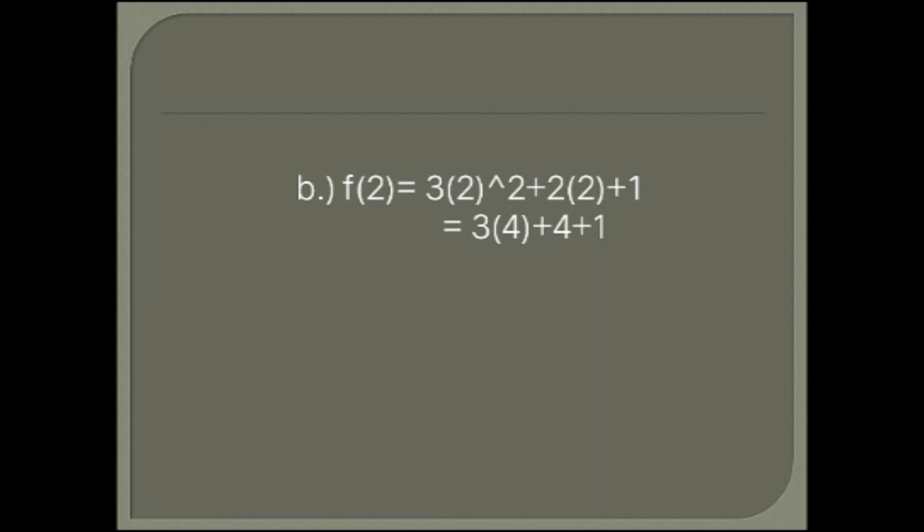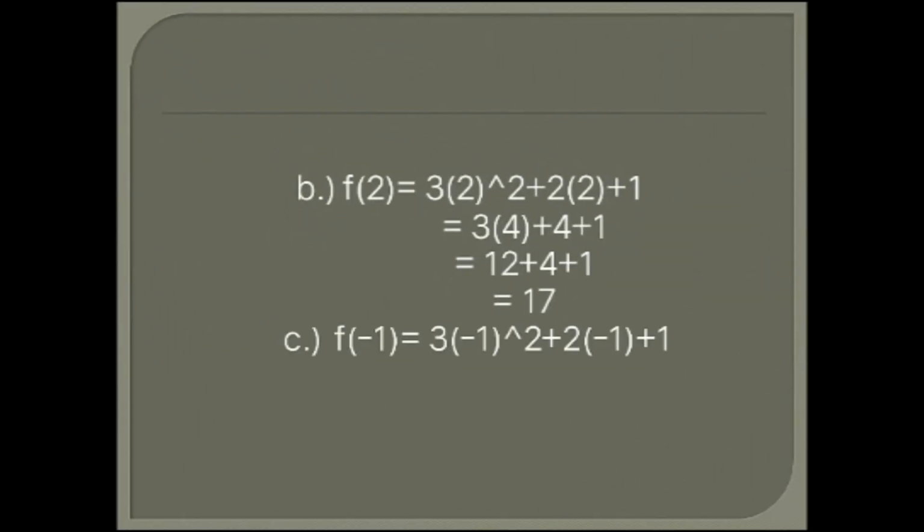So 2 squared equals 4. Then multiplied by 3, you will have 12. For the second term, 2 multiplied by quantity of 2 equals 4. For the third term, copy 1. So our given now is 12 plus 4 plus 1. Then simplify and we'll have 17 as an output.